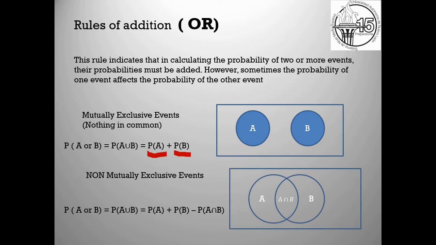Non-mutually exclusive events, P of A or B, or P union A or B, and we are going to add the probability of all the events minus the part that they have in common, and we call that the intersection. Be careful when you're reading the exercise. That's why the OR is highlighted.